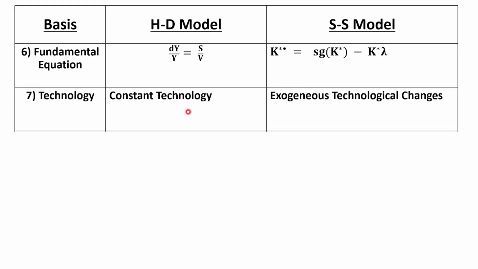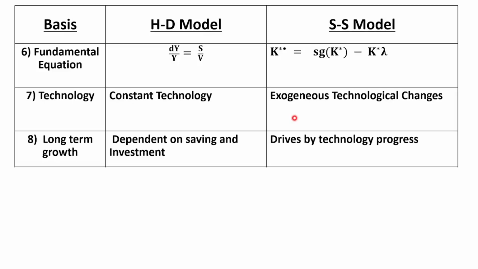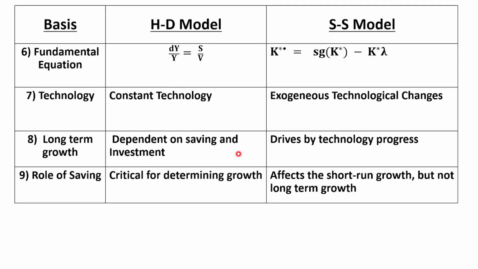Technology is constant in the HD model, whereas technology is exogenously determined under the SS model, and long-term growth rate depends on saving rate and investment in the HD model, whereas in the SS model, long-term growth rate is driven by technological progress. Similarly, the role of saving is critical for determining growth in the HD model, whereas in the SS model, saving affects only short-term growth but not the long-term growth rate.